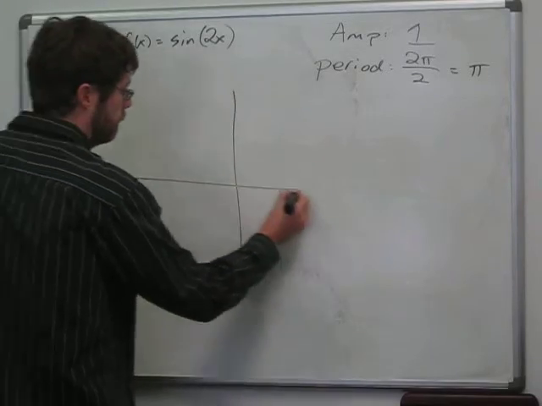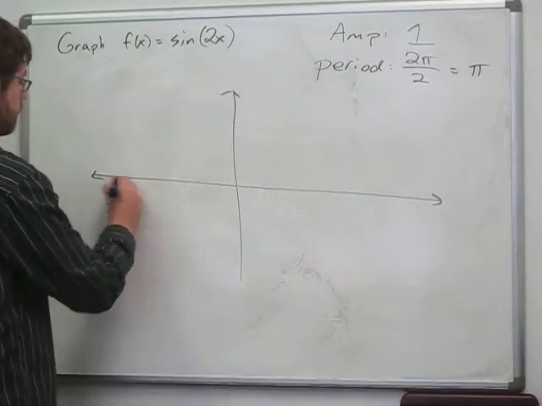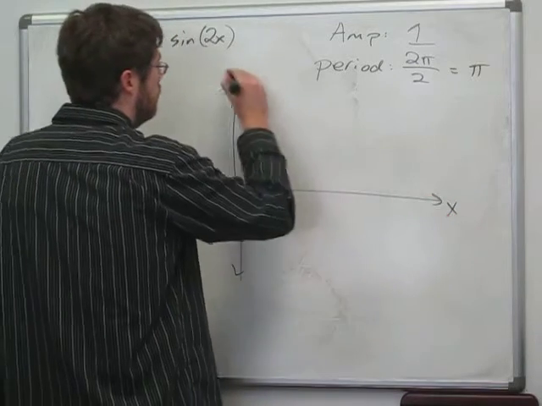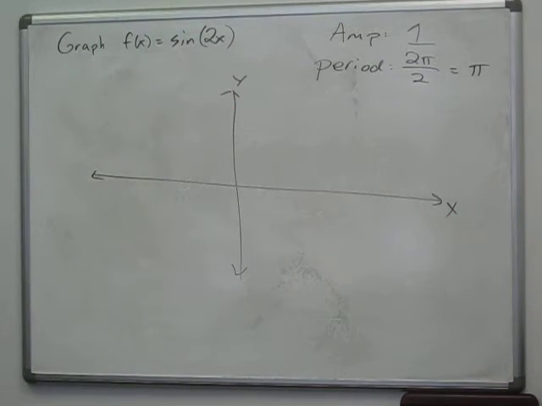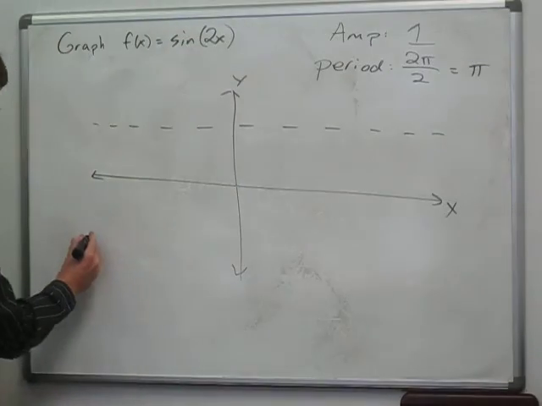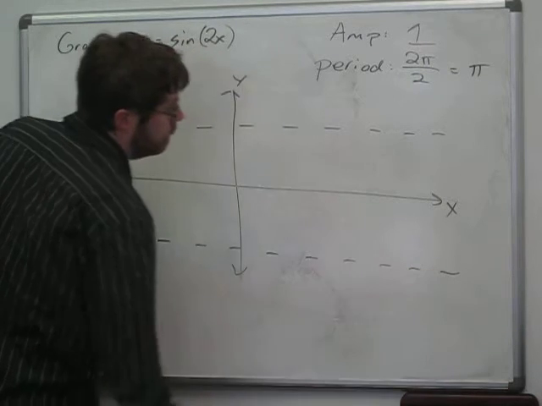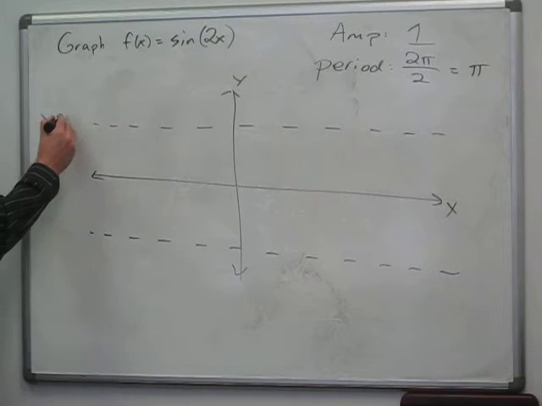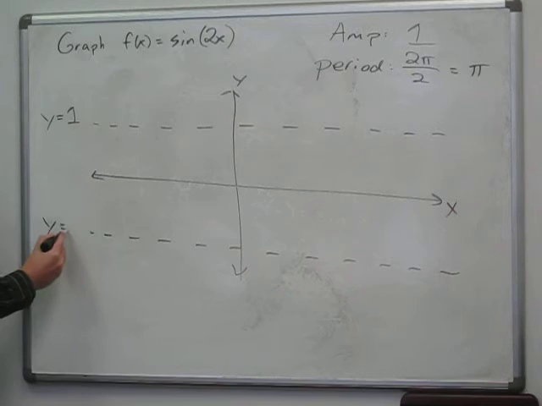So our graph, I'm going to take the same angle of attack as we did in the last video. My amplitude is 1, so I'm going to put in my bounds on the top and the bottom.